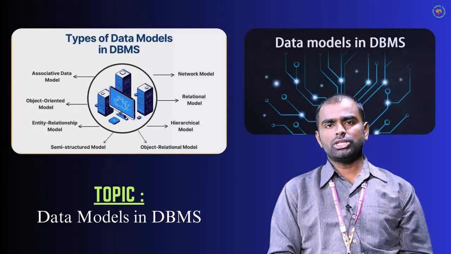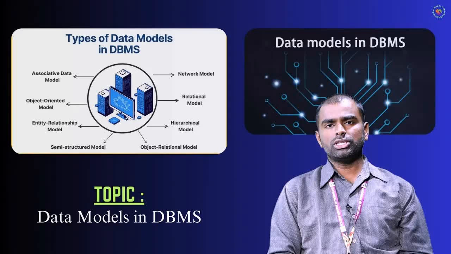Network model is communication network related data. Object oriented model is a data model that consists of data which inherits the object oriented concepts: inheritance, polymorphism, overloading, overriding, encapsulation. All these concepts we will see in the object oriented data model, along with the data.